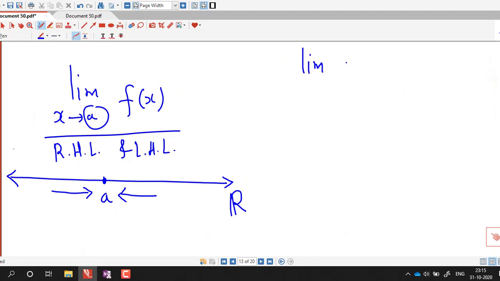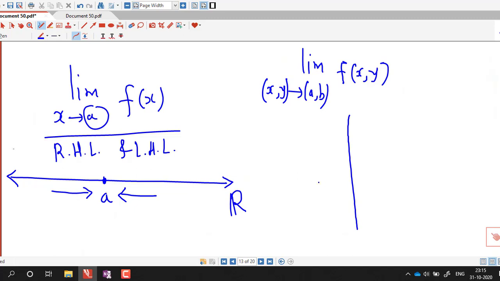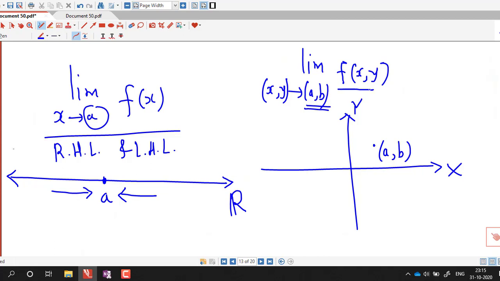But for functions of two variables, the domain is not on the real line. The domain of this function is somewhere in the xy plane, and this fixed point is now some point in the xy plane. Suppose (a, b) is a fixed point in the xy plane. So we are interested in the behavior of this function f(x, y) as (x, y) is approaching this fixed point (a, b).